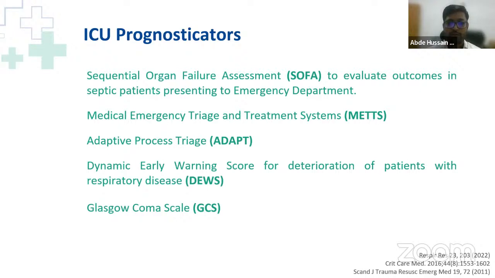Further tests that we also use are the medical emergency triage and treatment system, the adaptive process triage, then the JUICE score, which further assesses how much the oxygen requirement for the patient is. And all these things, like the SOFA, also use the GCS, the Glasgow Coma Scale. It is a very prevalently used ICU prognosticator for brain related issues.